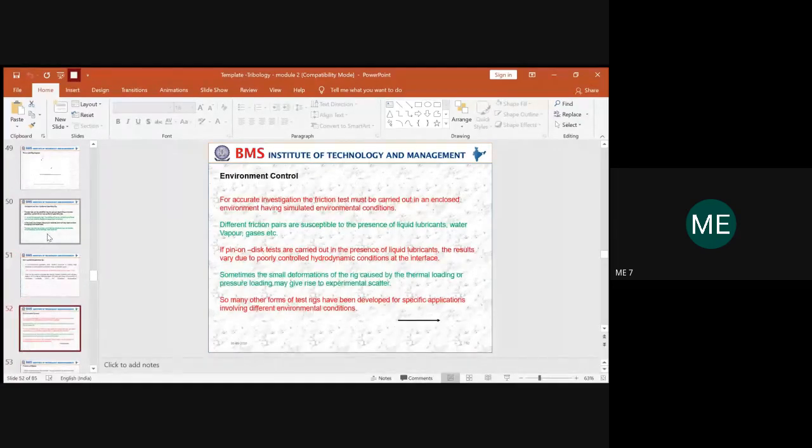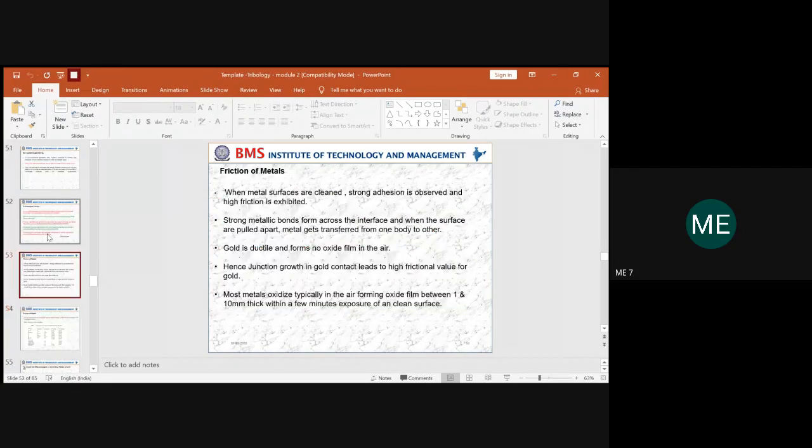Later we learned the importance of environmental aspects when measuring friction in any given mechanical component, and how to simulate an environmental condition to get a good yield of the mechanical component with reduced wear and tear. So we dealt with environmental control. Those were the four methods we used to measure friction.